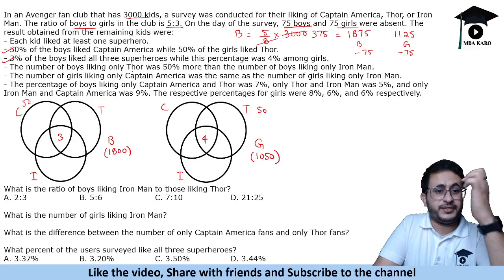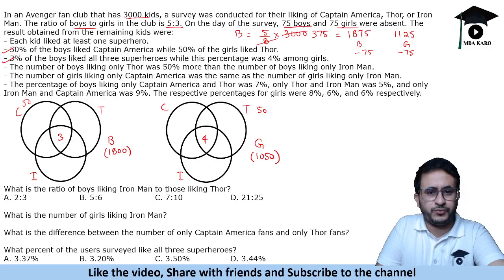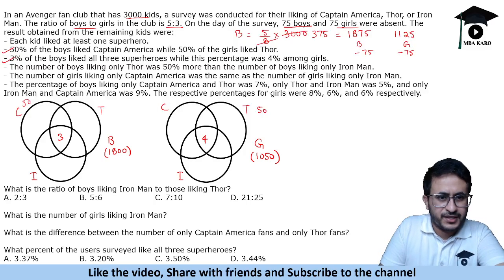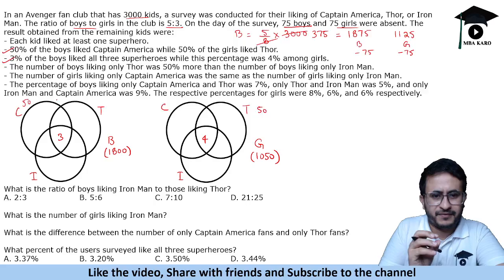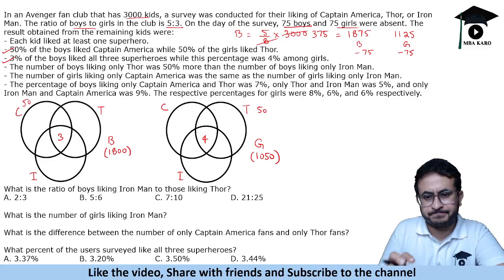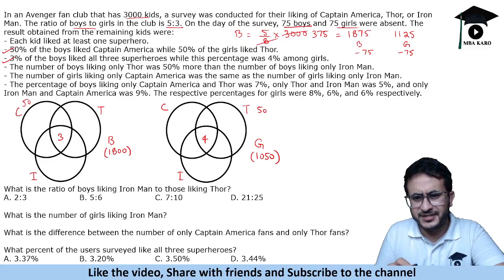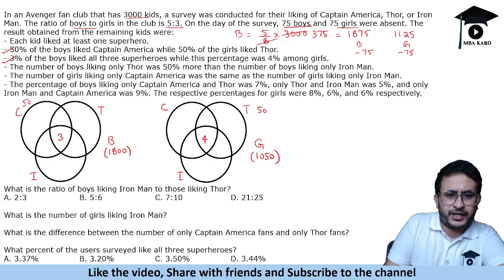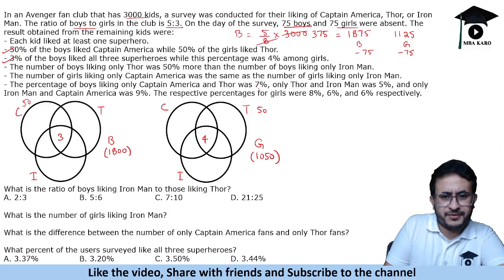The number of boys liking only Thor was 50% more than the number of boys who like only Iron Man. You'll have to frame equations. So let's put some values that are direct percentages first. The percentage of boys liking only Captain America and Thor was 7%.